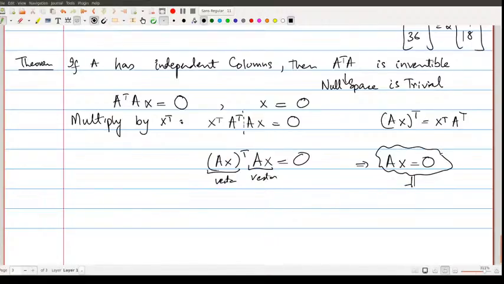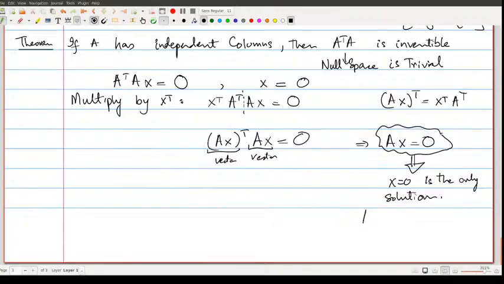And again, my original goal is to have x equals 0 be the only solution. Now, if x equals 0 is the only solution, which means the null space of A is only x equals 0, then I am assured that A must have independent columns, right? For this to be true. When A has independent columns, then x equals 0 is the only solution.